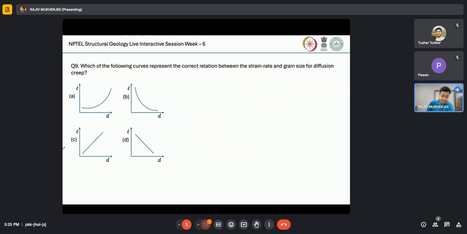So there are two kinds of diffusion creep. One is Nabarro-Herring creep.